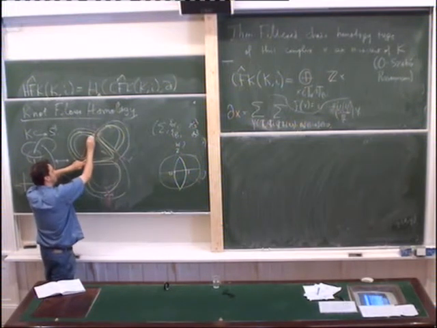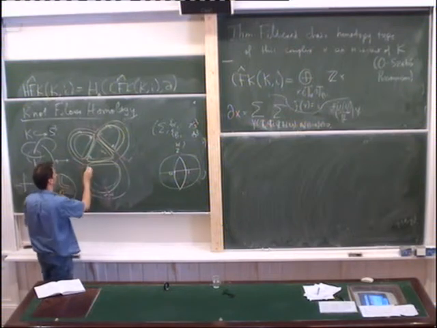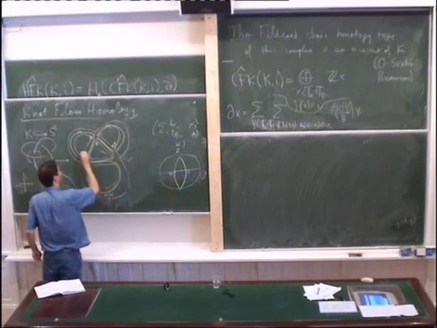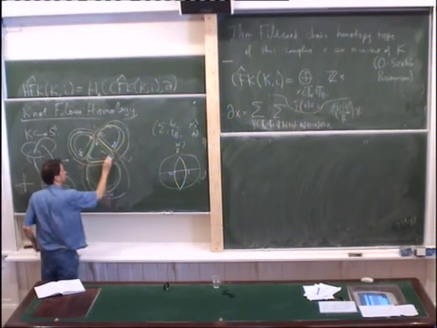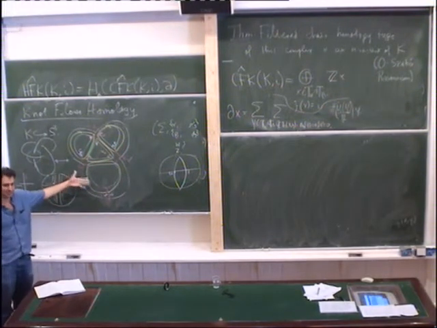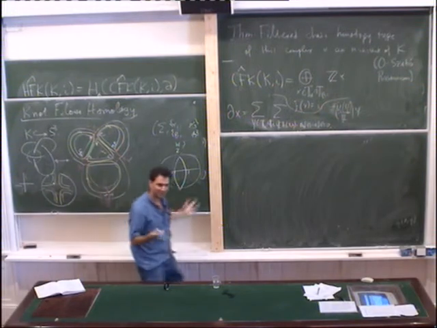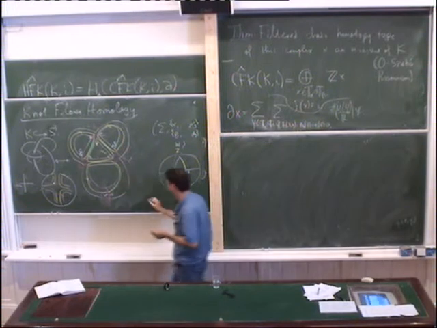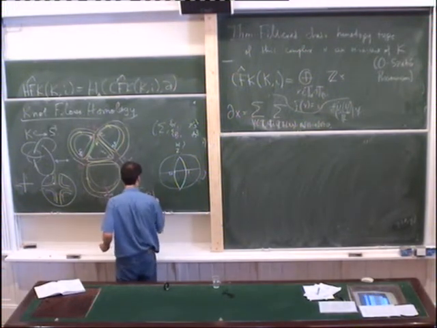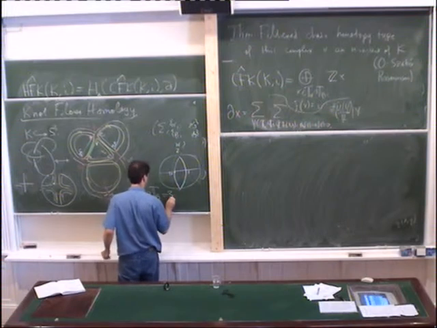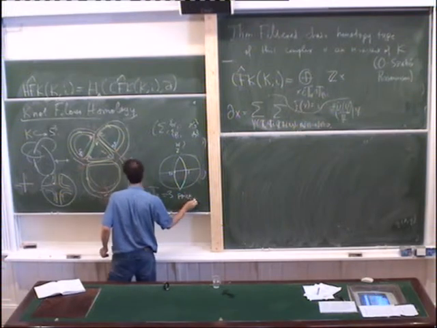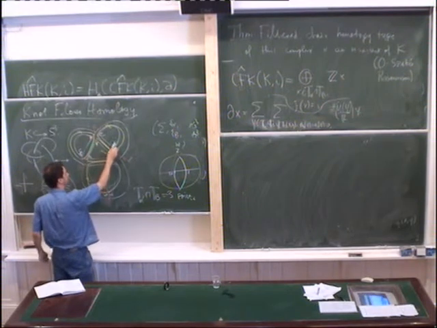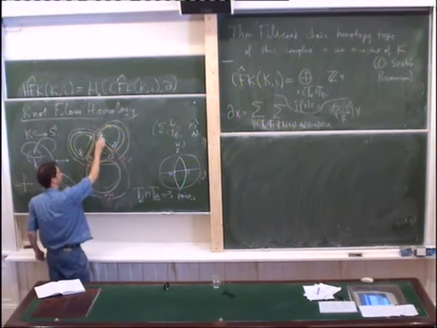So this has to be like this, A, or B, or C. I'll leave that as an exercise. The point here, if my explanation wasn't clear enough, is that there are 3 intersection points of T alpha intersect T beta: the one I labeled by A, the one I labeled by B, and the one I labeled by C.